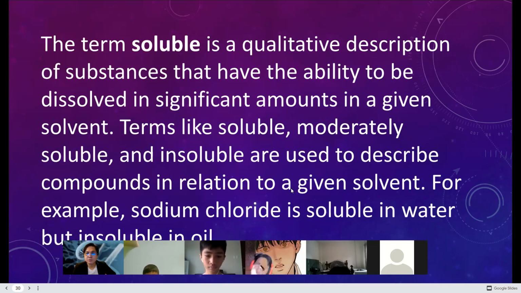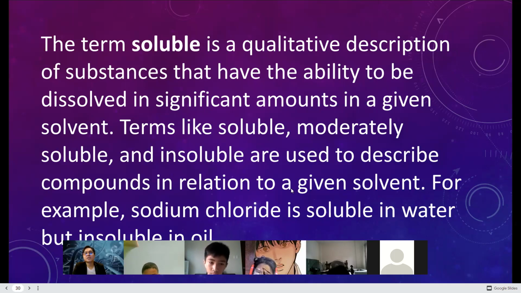Terms like soluble, moderately soluble, and insoluble are used to describe compounds in relation to the given solvent. For example, oil is insoluble in water. You cannot actually mix or dissolve oil in water. But sugar is soluble in water.